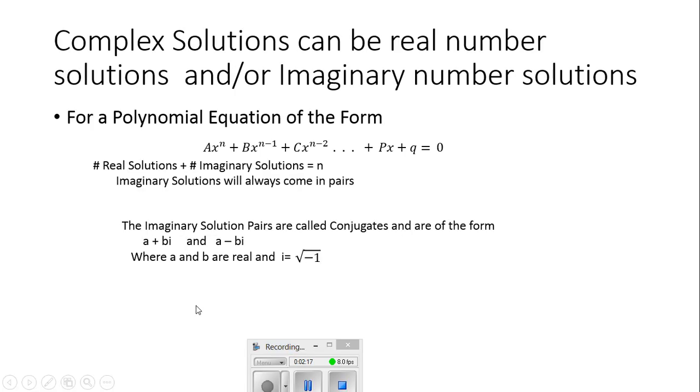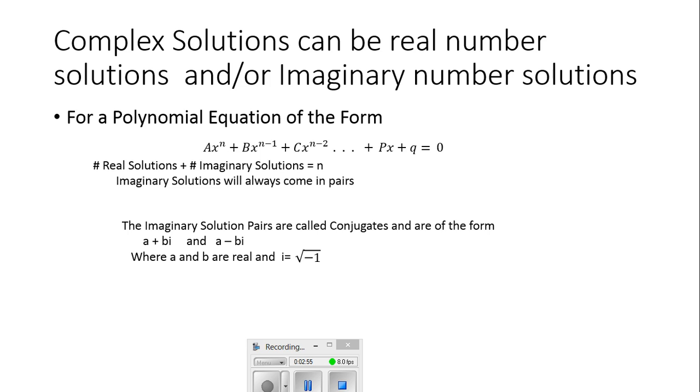All right. Now, complex solutions, as we said, can be real solutions and or imaginary solutions. So again, this polynomial of degree n must have a certain number of real solutions and a certain number of imaginary solutions such that their sum is always equal to this power. And furthermore, any imaginary solutions will be in pairs.